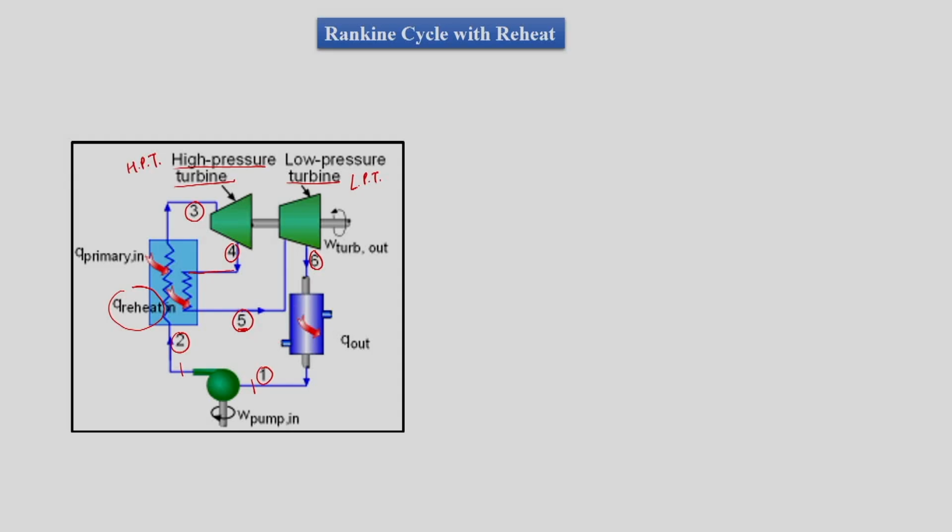So we can see that there is reheating in the Rankine cycle, where we provide reheating once to the steam, so that we have only 2 turbines, the high pressure turbine and the low pressure turbine. The point to be noted here is that with superheating we had only 1 turbine, so complete expansion took place in only 1 turbine.